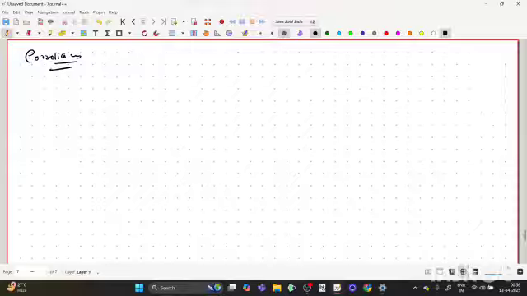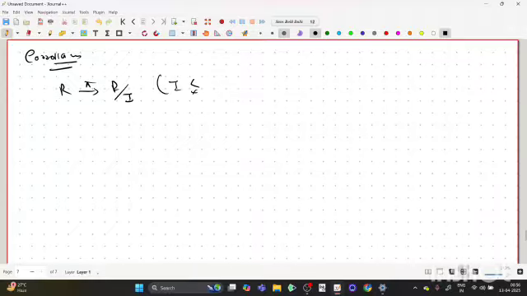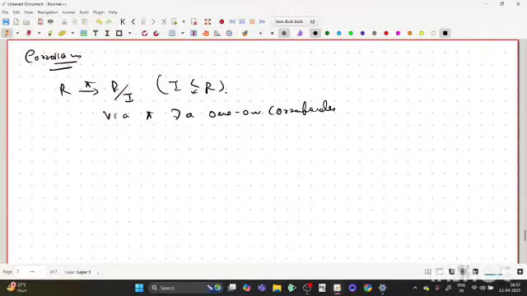observe that if I choose the natural map R to R mod I via pi, where I is a proper ideal of R, then via pi there exists a one-one correspondence between, see, the kernel of this map is I itself.